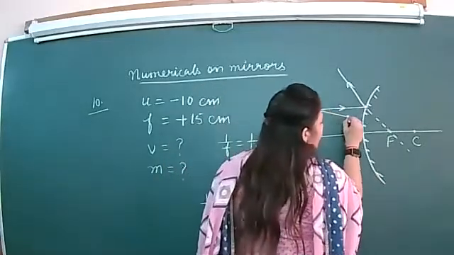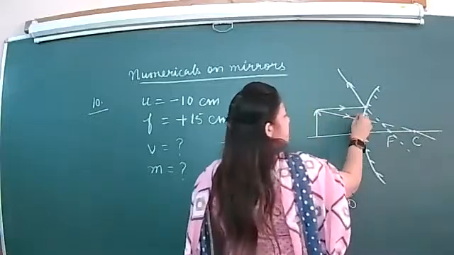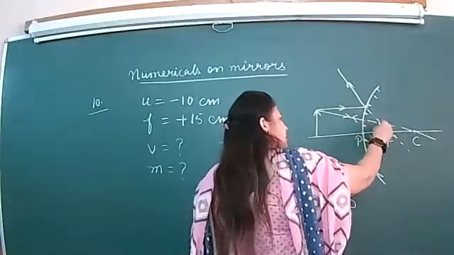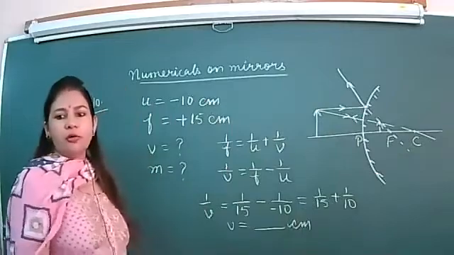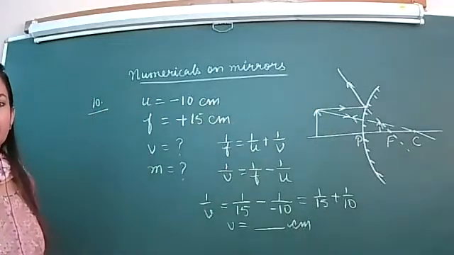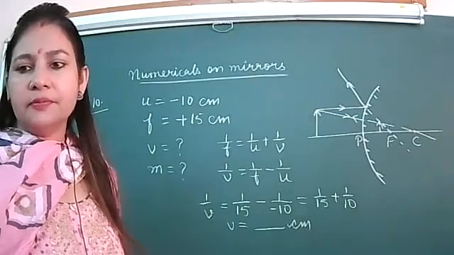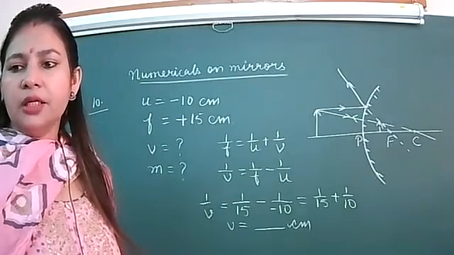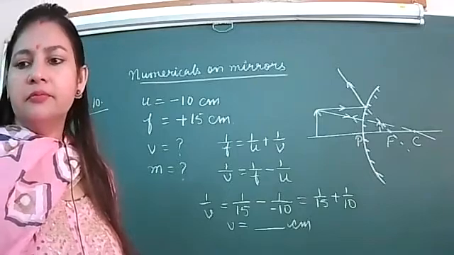And second ray that appears to pass through C, it will retrace its path and, while coming back, meet at the point where they meet. Here virtual and erect images form. Virtual and erect images form this side. All right. Clear, students? Fine.